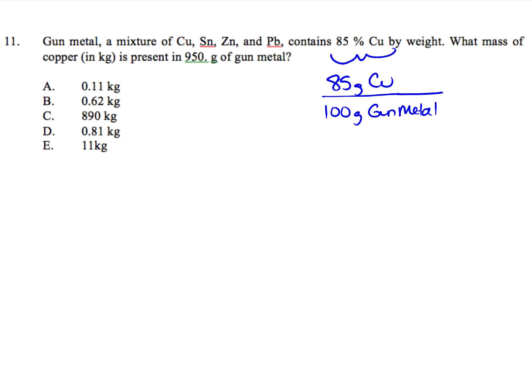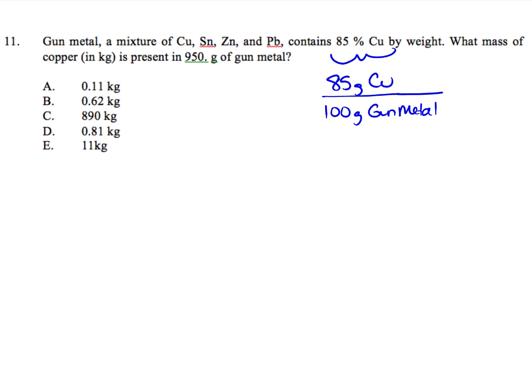Okay, and that will allow us to have a conversion factor as well. Now depending on what units you need, you could have written this as 85 kilograms of copper per 100 kilograms of gunmetal, 85 pounds of copper per 100 pounds of gunmetal, whatever unit you need there, because it's just part out of the whole.